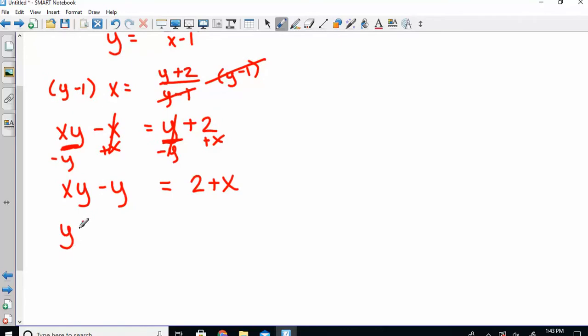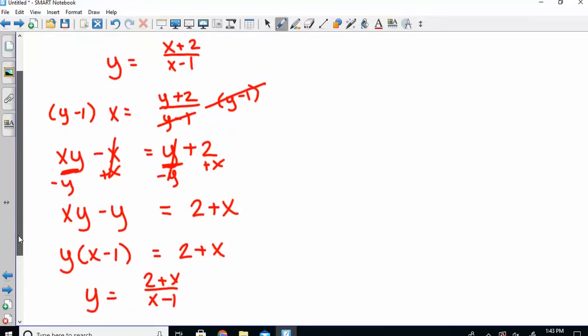So now, what can I factor out over here? Y. And that leaves us with x minus 1. So then to get y by itself, we have to divide. So we get 2 plus x over x minus 1. So that is our inverse.